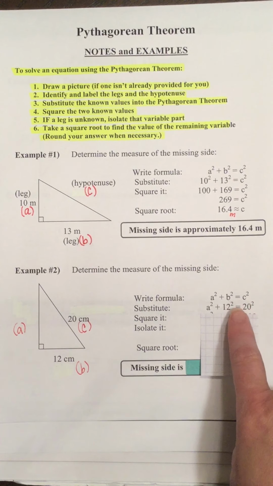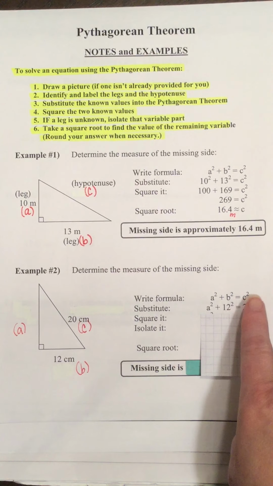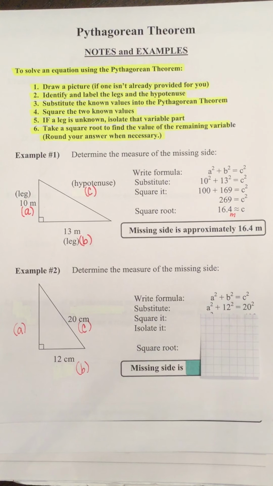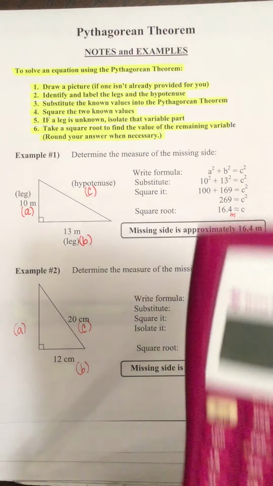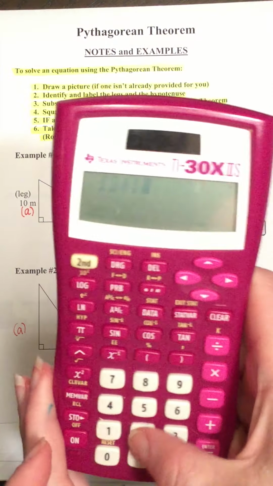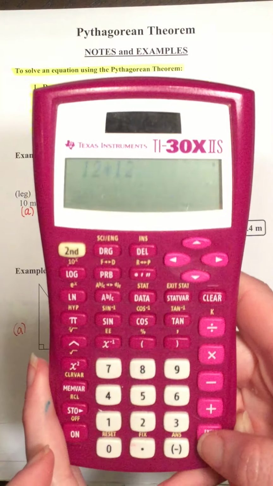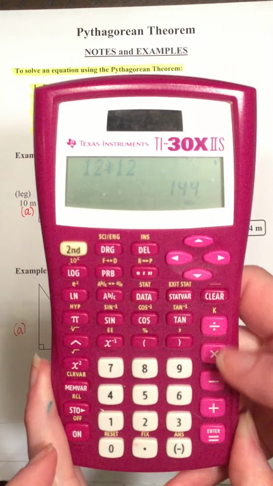And then we're going to go ahead and square them. So that 12 and that 20, we're going to square them. Again, you could use a calculator, or you could just do 12 times 12 and 20 times 20. When I do 12 times 12, we get 144.